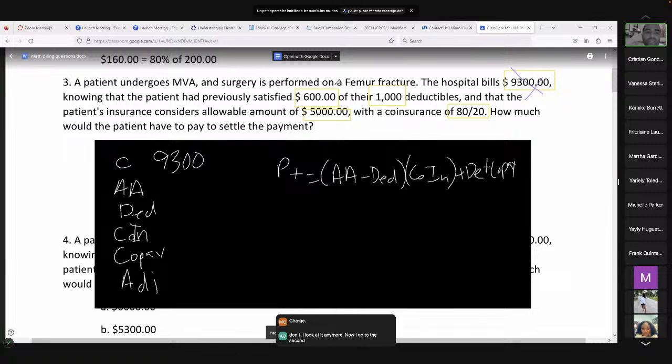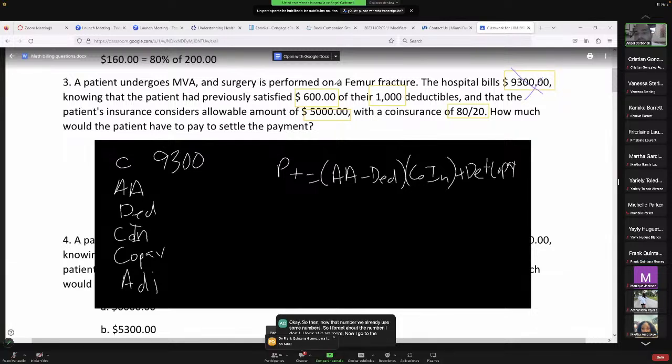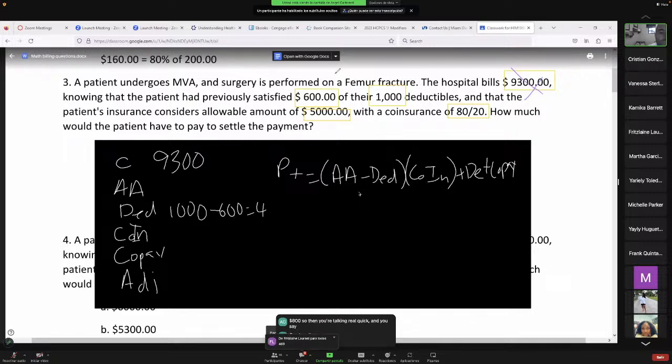It says the patient has satisfied $600 of a $1,000 deductible. So the deductible was $1,000, but the patient already paid $600. You calculate it real quick and the deductible is $400. Excellent. So the 600 is gone, and the 1,000 is gone.